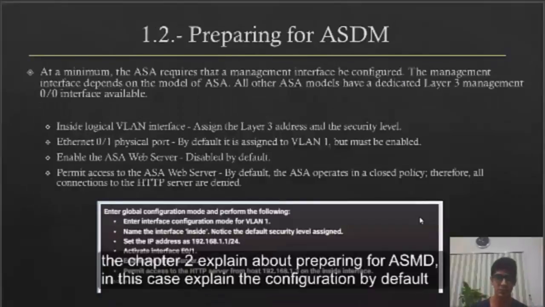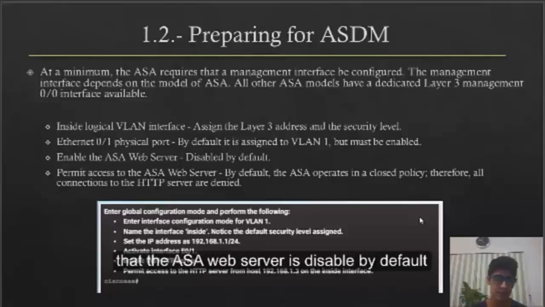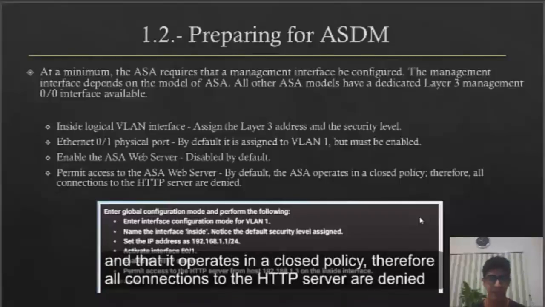In chapter 2, it explains preparing for ASDM. In this case, it explains the default configuration. It says that by default it is assigned to VLAN 1, but the web server must be enabled, as the HTTP server is disabled by default, and that it operates in a closed policy.